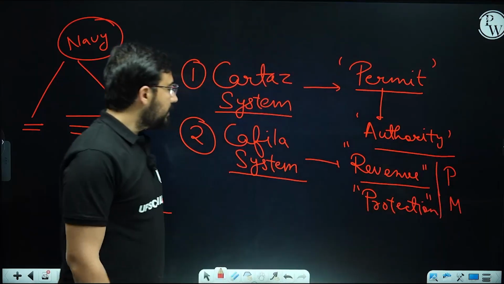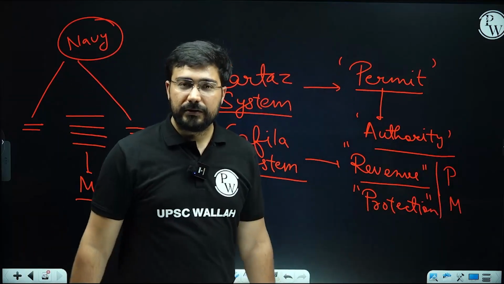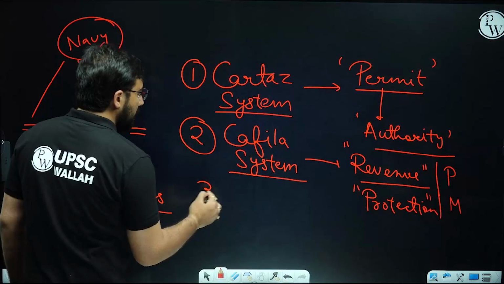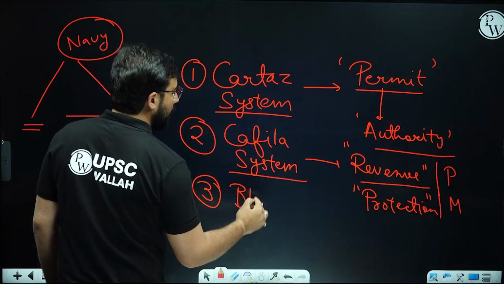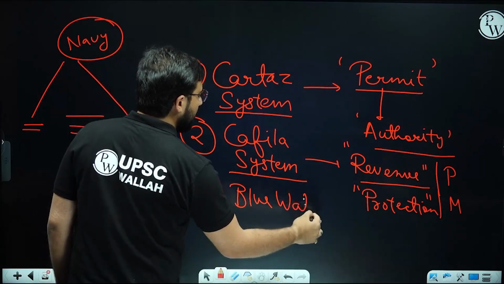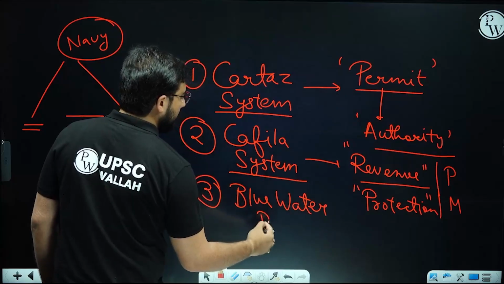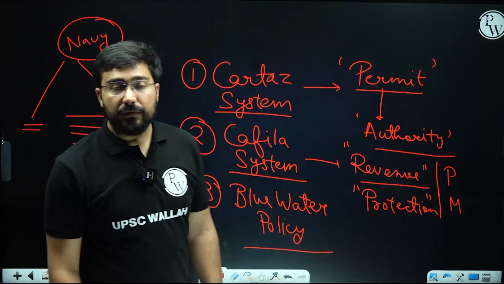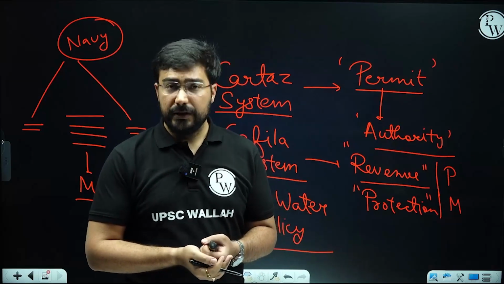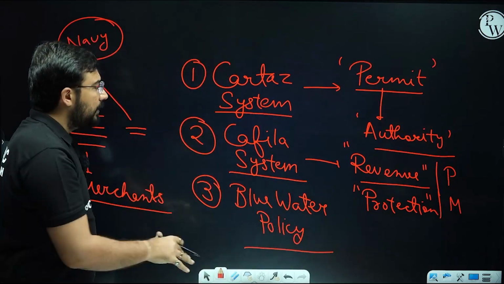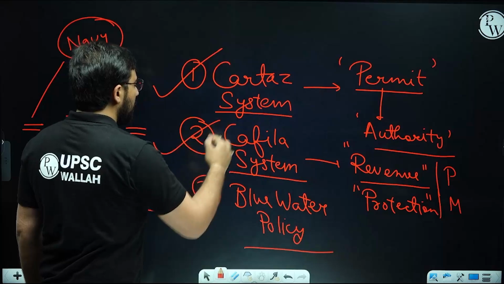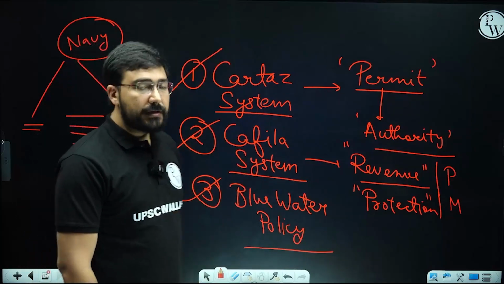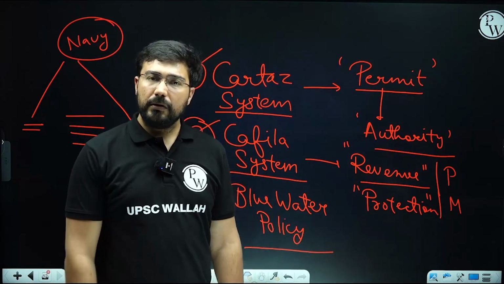So the second system is known as the Kafila system. And number three is known as the blue water policy, which we have already discussed. It means the creation of a navy which can fight in the higher seas. So these are largely the three systems which the Portuguese created in India: Carta system, Kafila system, and Blue Water policy.